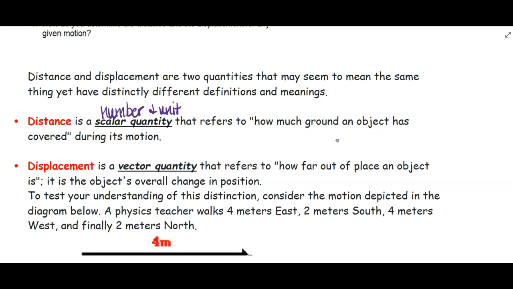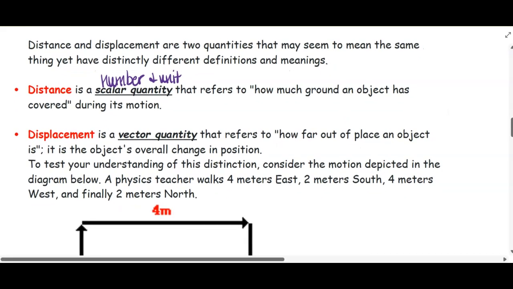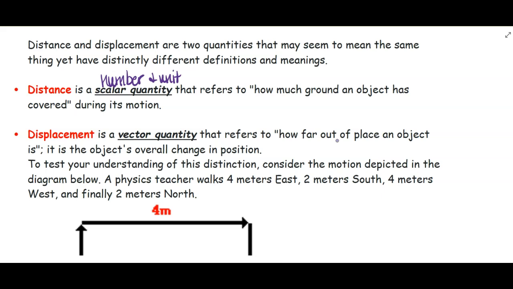Now, displacement, however, is a vector quantity that refers to how far out of place an object is. So displacement, it was where it should be, and now it's out of place. So this is where a word like the origin or home base come from. Home base.